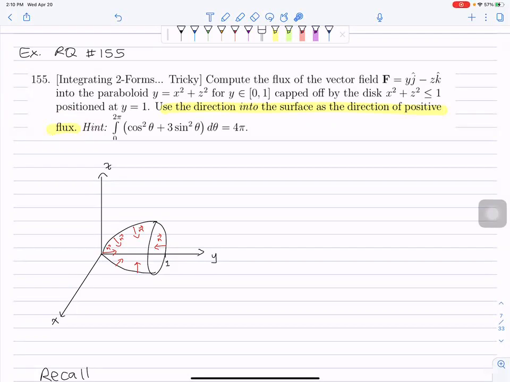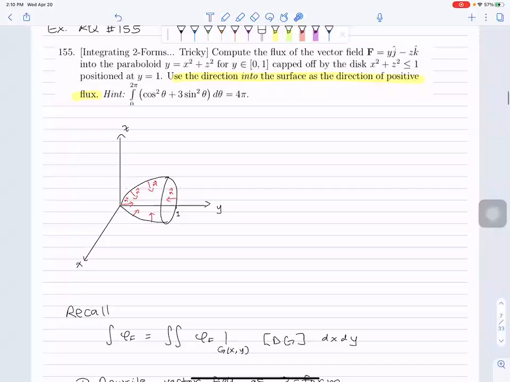Usually if it says outward pointing normals, then you just do the problem normally. Here, because it's in the opposite direction, you can do this problem just like the last problem, compute the flux, but then your final answer will be the negative of it because we've switched orientation. How do I know that we have to switch orientation? So let's work it out a little bit.